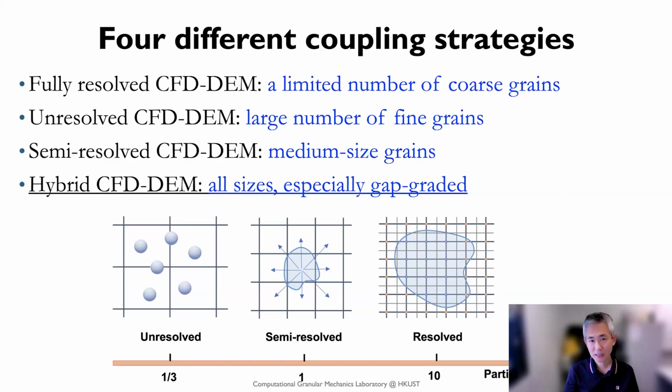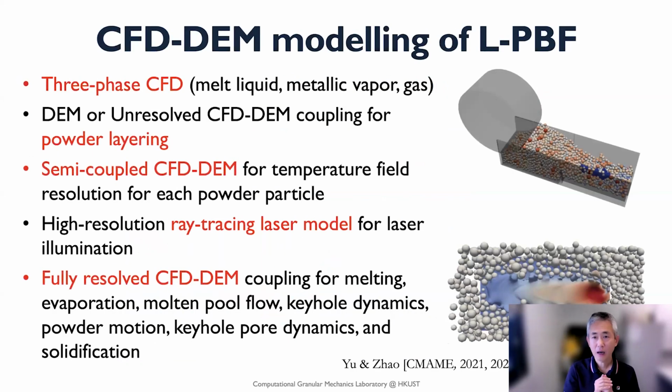We selectively use the fully resolved coupled CFD-DEM, unresolved CFD-DEM, semi-resolved CFD-DEM, and then in certain ways, we selectively use the hybrid one. Okay, and I will show in what process we choose which one, and essentially how we do that.